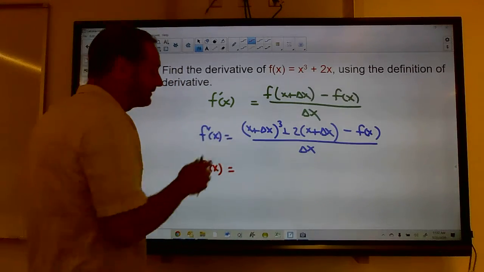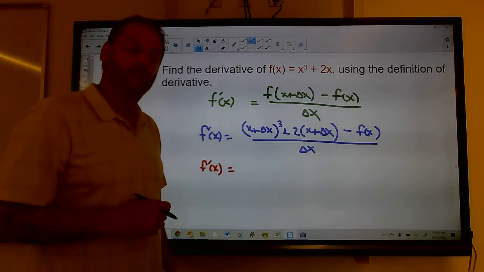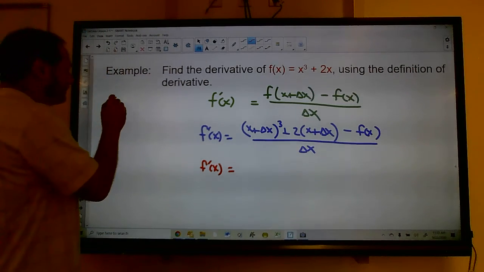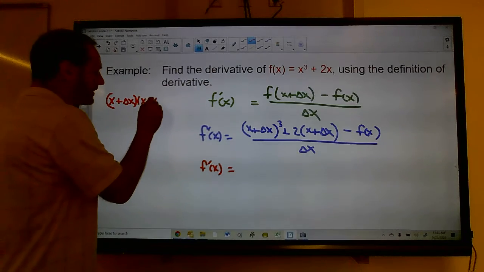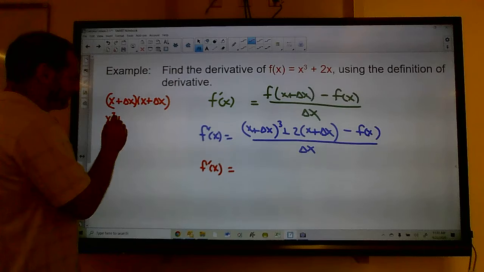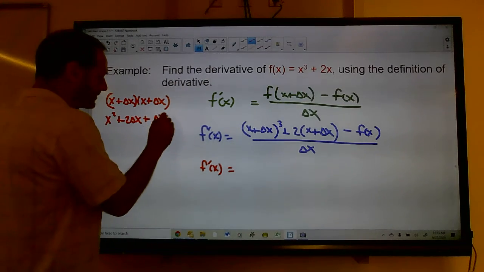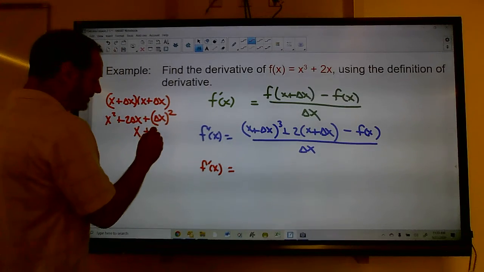Now I need to cube this. You can use the binomial theorem or you can do it the long way. So x plus delta x times x plus delta x, if I FOIL that, is going to be x squared plus 2x delta x plus delta x squared. And then I take that times x plus delta x.